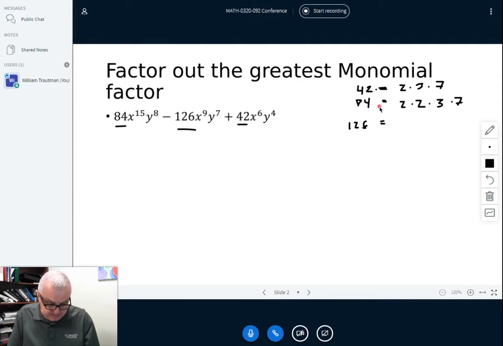These are some big numbers. I don't think they're going to be this large on the test. Divided by 2, divided by 3. So it's 2 times 3 times 3 times 7.